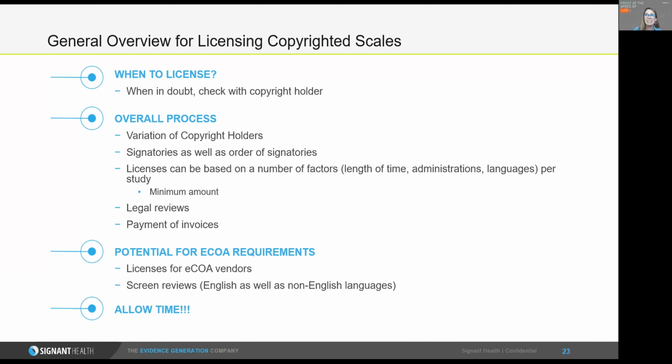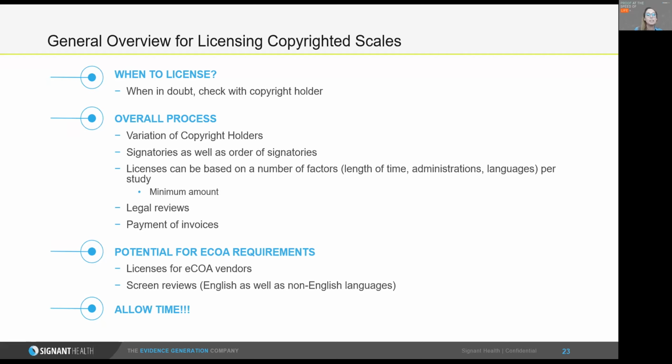Now, what I can tell you on the overall process is Michelle did a fantastic job on quality metric and how well they have their process down, their screen reviews, but you're not going to just have possibly the SF36 in your study. Depending on your protocol, you could be working with 15 to 20 different copyright holders, and every single copyright holder has a different requirement.